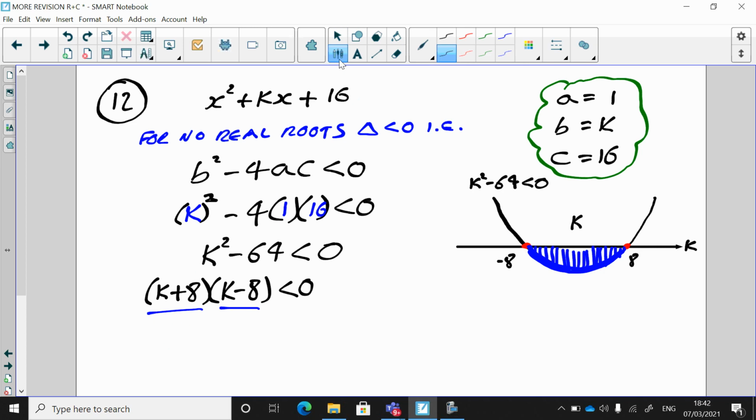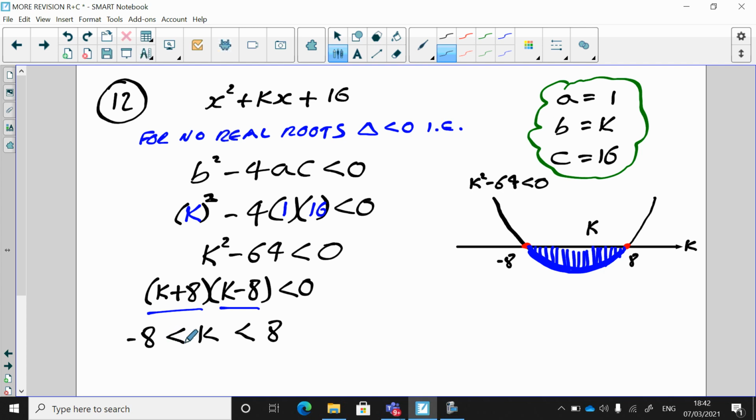So the way I write it now, these are my bookends, -8 and +8, and k's in the middle. And like I said, k never actually reaches -8 and never reaches +8. It's less than 8 and greater than -8.